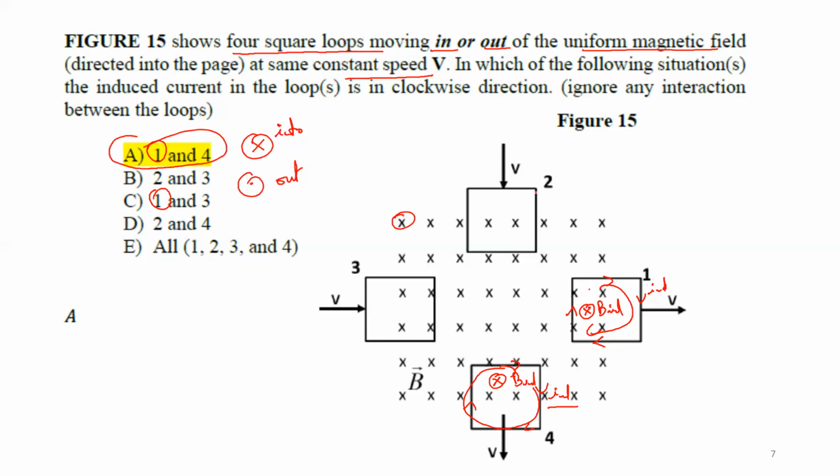Now let's check for 2 and 3. 2 is getting in. Now I'm getting in, I'm increasing the flux. So Lenz's law is telling you I don't want that increase of flux to happen. So that means my B induced will be out. B induced out. Of course, current is going in which direction?